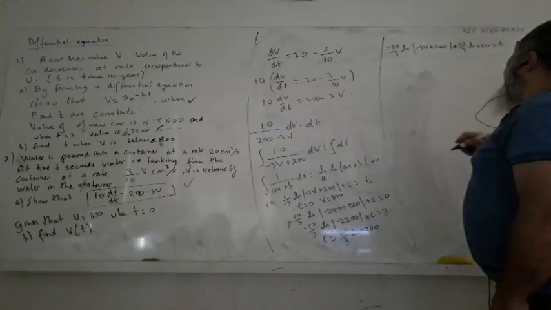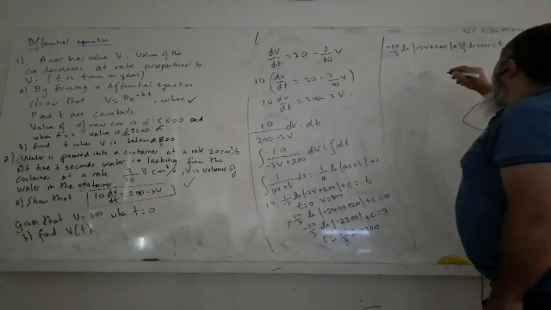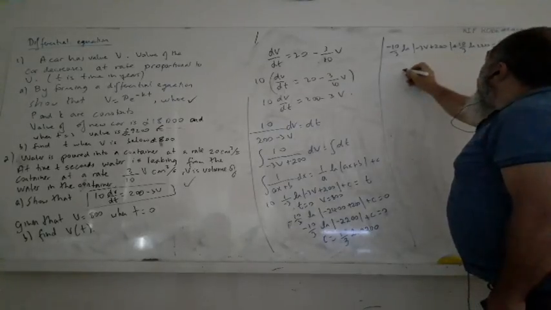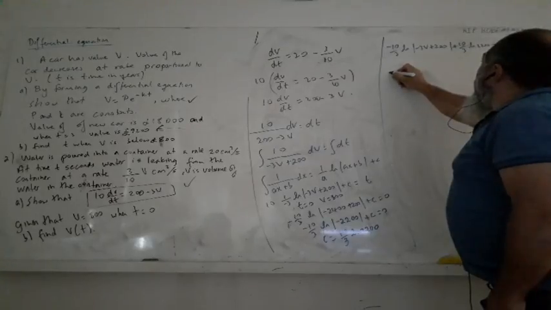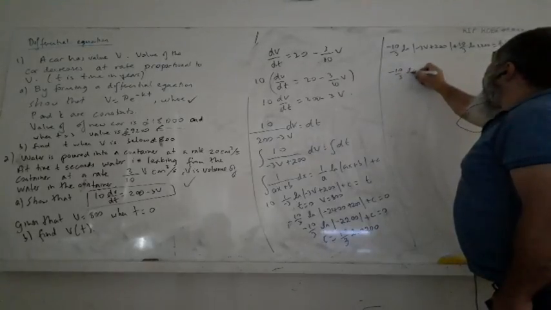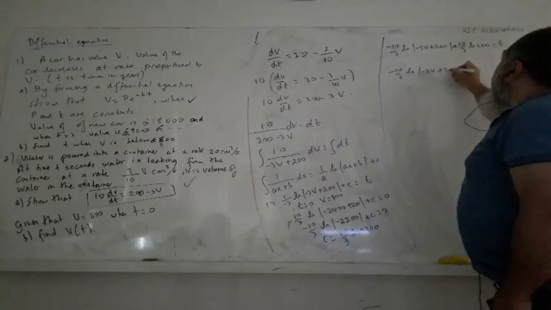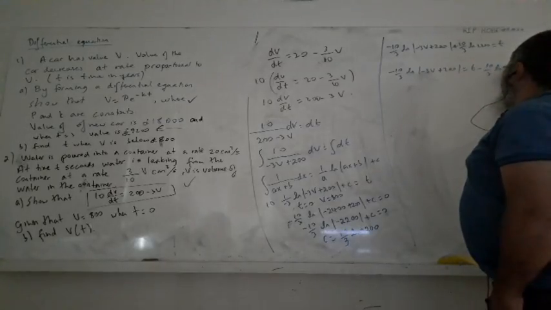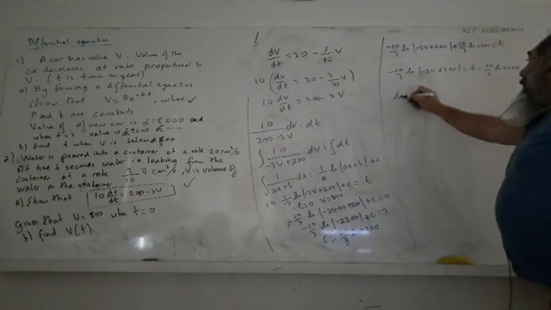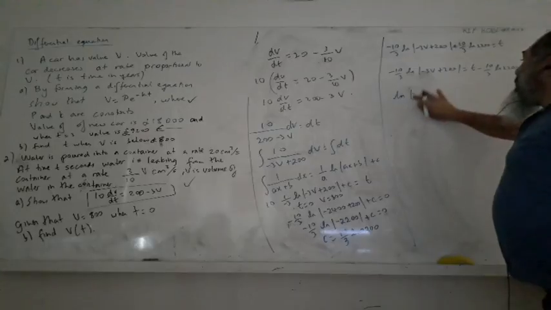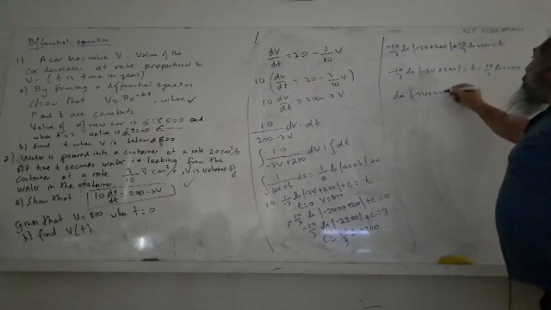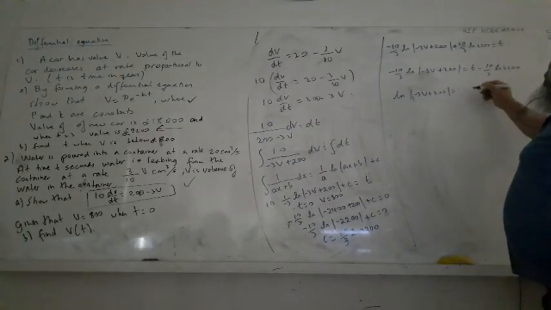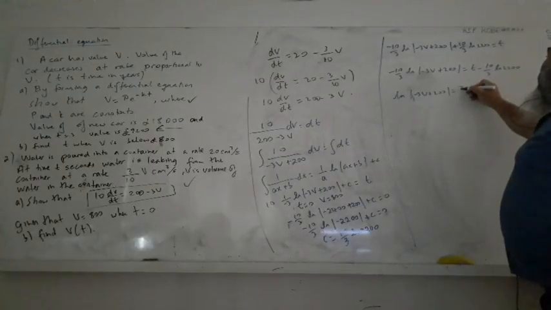So minus 10 over 3 ln minus 3V plus 200 is equal to t minus 10 over 3 ln 2200. So ln minus 3V plus 200 is equal to minus 3 over 10 t plus ln 2200.